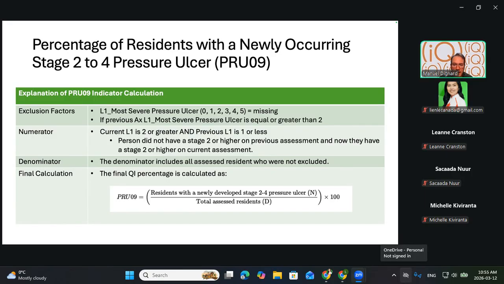Now, we use this, and it's incredibly important. It also directly measures the effectiveness of those prevention strategies. A high rate may indicate a breakdown in early detection and risk assessment, and interventions like turning schedules, mattress use, skin monitoring.